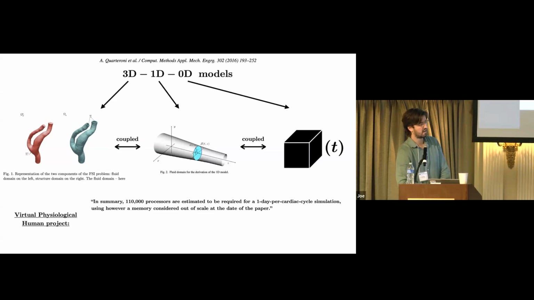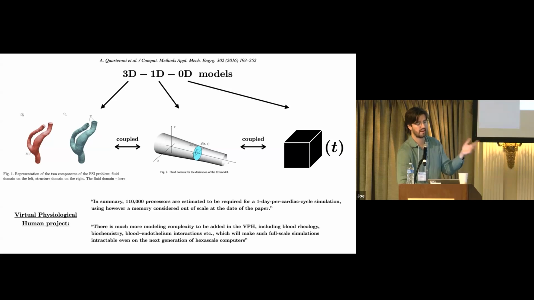But even here, he talks about this virtual physiological human project based in Belgium, I forget which institute, which is trying to model just about every aspect of the human possible. They go through the details of how, making all the assumptions possible that they can think of, it's still way out of touch with modern computational capabilities.